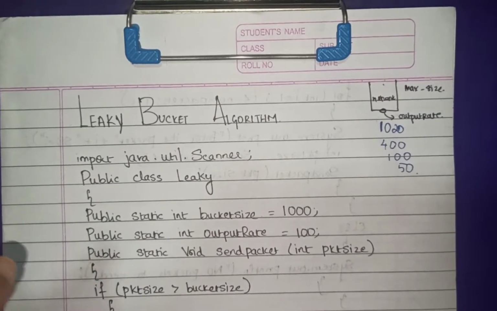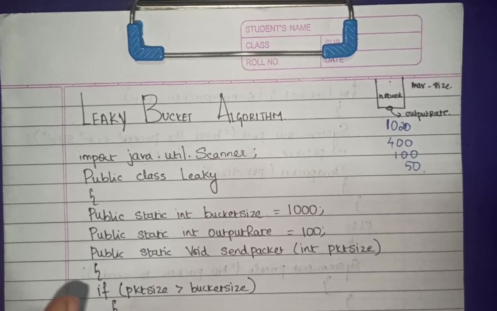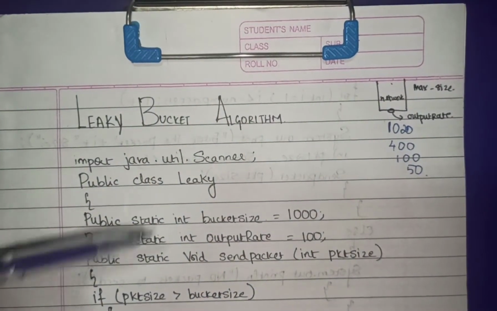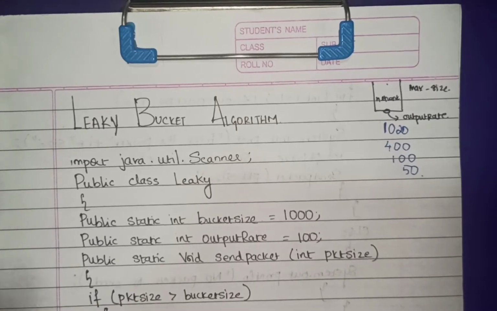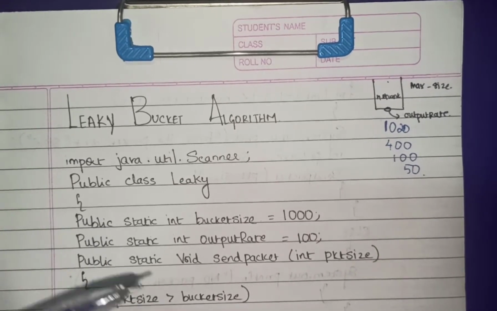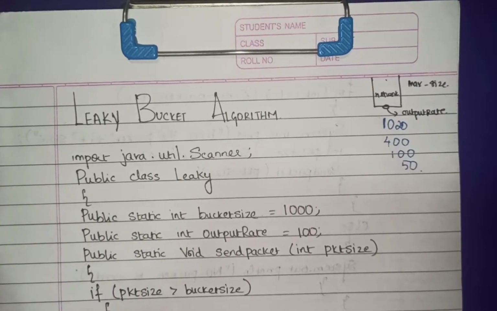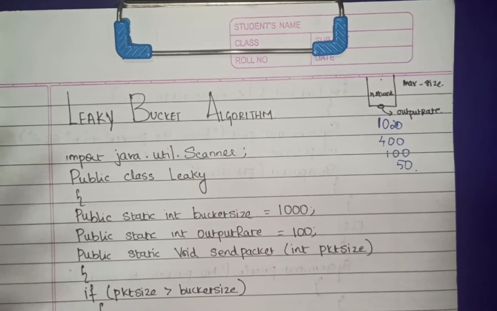So however much pressure the input water is flowing in, the output from this small hole will be the same, that is the droplets, which will be regulated and constant. So the input rate can be altered, but the output rate will be constant. That is what actually happens in a network too.